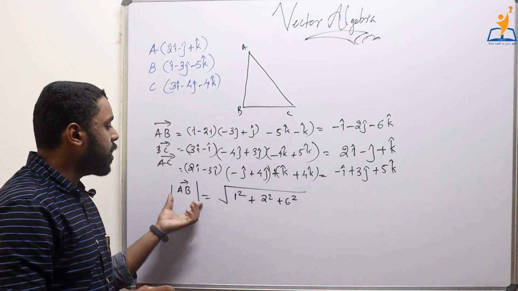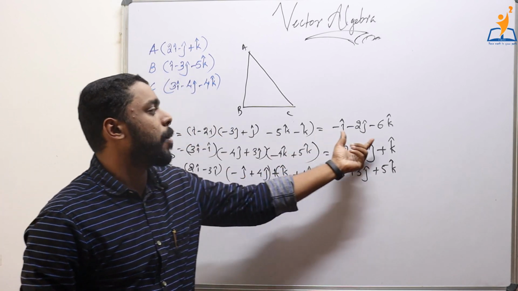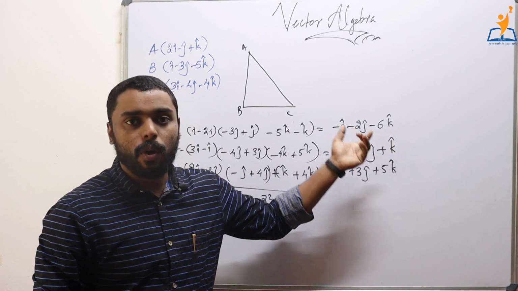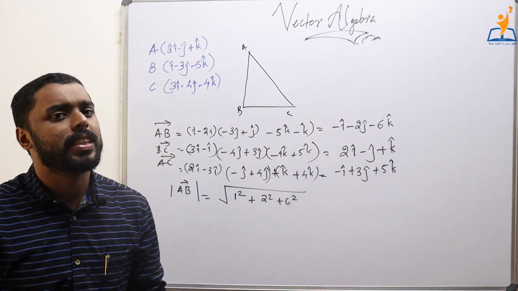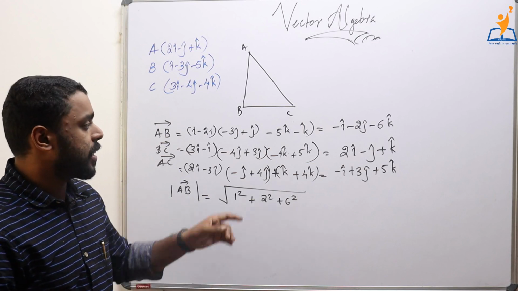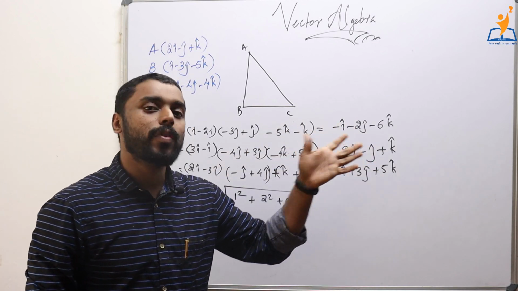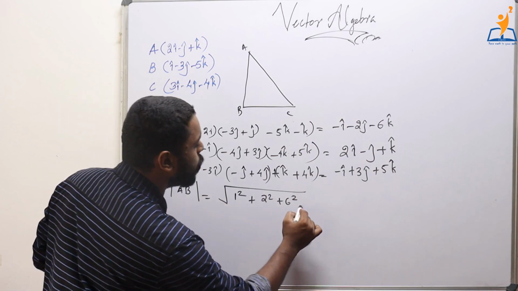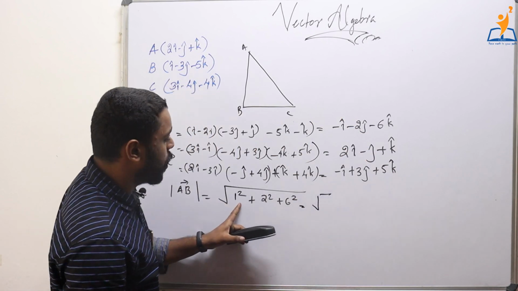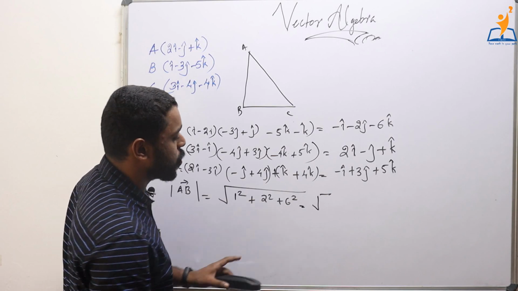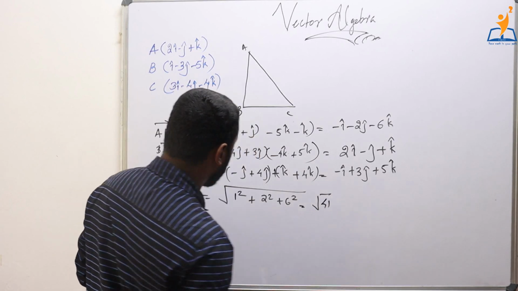Always remember that if we are given a vector, the magnitude of the vector is nothing but the square root of the sum of the squares of each component. It is equal to the square root of 1 square plus 2 square plus 6 square, which is root 41.